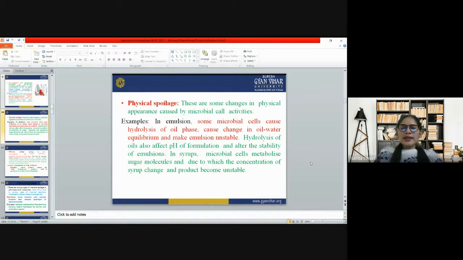Hydrolysis of oil also affects the pH of the formulation and alters the stability of the emulsion preparation. And in syrup, microbial cells metabolize sugar molecules, due to which the concentration of the syrup changes and the product becomes unstable.